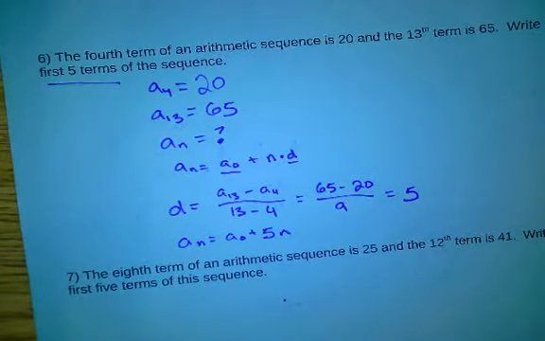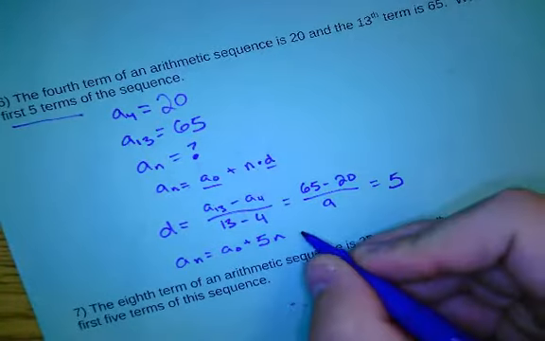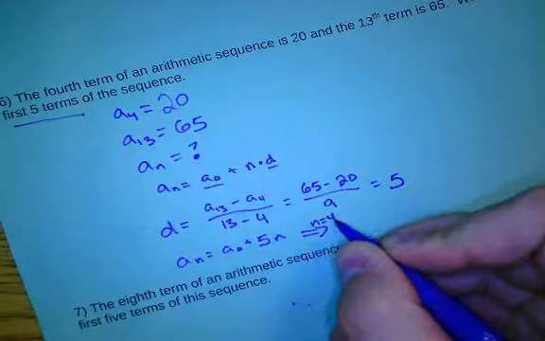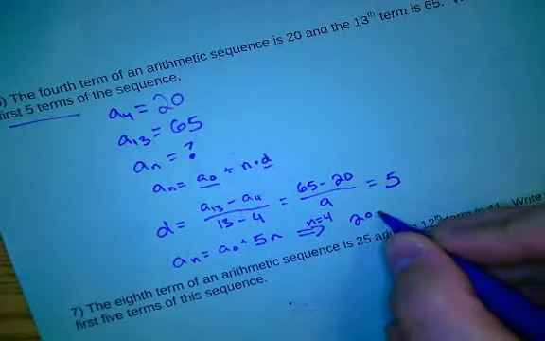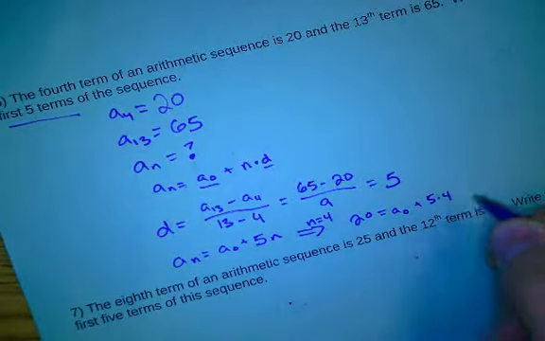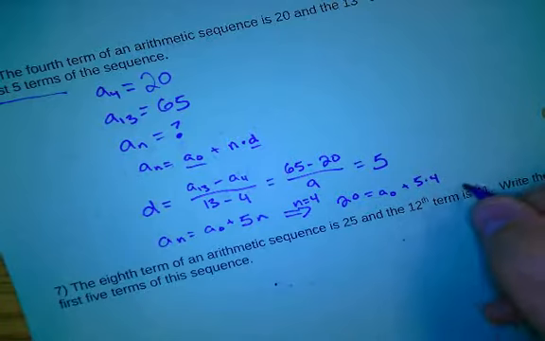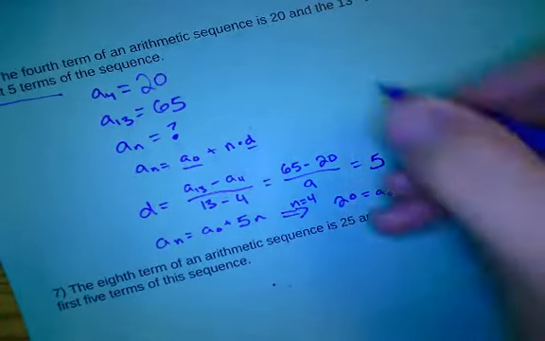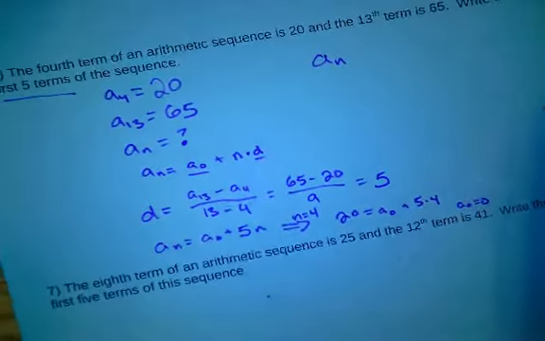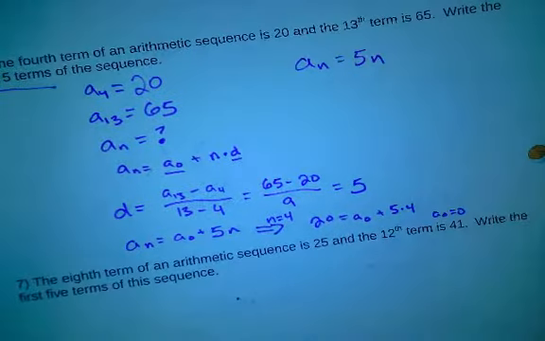I favor smaller numbers. Just the kind of guy I am. So I'm going to plug in a 4. When I plug in a 4, I'm going to get 20 equals a sub 0 plus 5 times 4, which is 20. So what is a sub 0? It's 0. So my a sub n is going to be 5n.